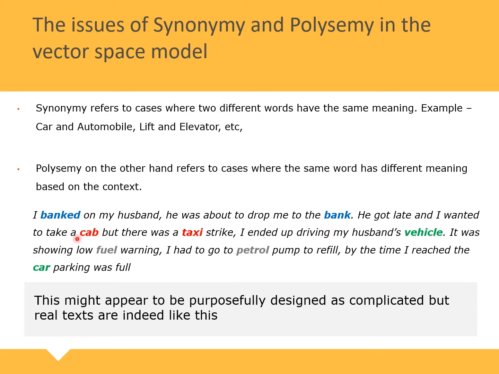This is an example of polysemy, right? Because if we stem banked, it will become bank, but these two banks are not the same. And again, if somebody talks about a river bank, that can have yet another meaning. So that is another polysemy example.